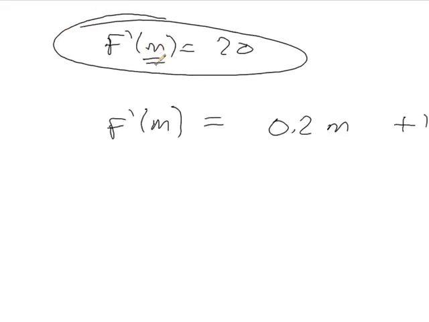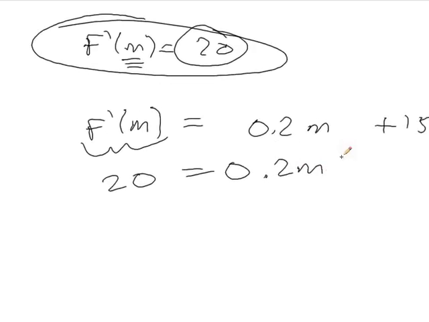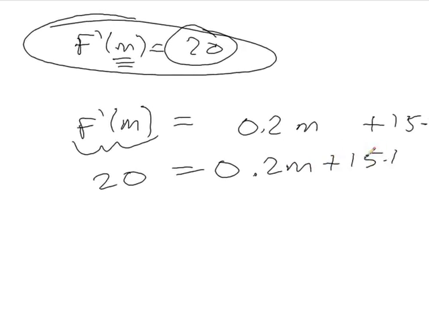Well, obviously I don't know what the month is, but I do know that the derivative output for whatever month I've input, I want to be 20. So it literally says, let f prime of m equal 20. So here's f prime of m. I'm going to replace it with 20, and I'm going to solve for what's left. Well, what am I trying to figure out? Since this is the slope, I want to figure out when is the slope equal to 20 million users per month.